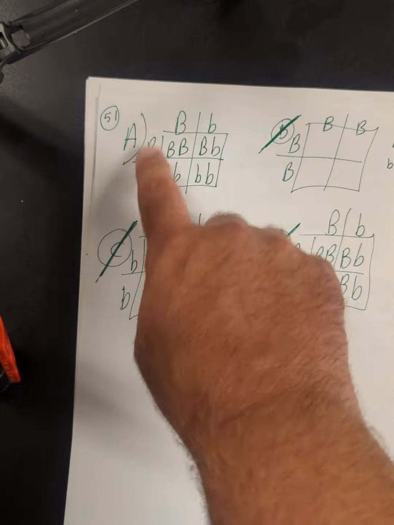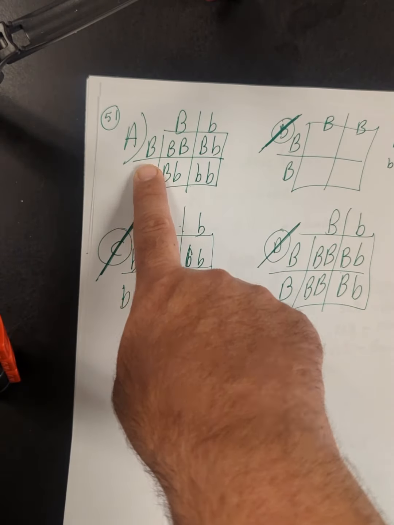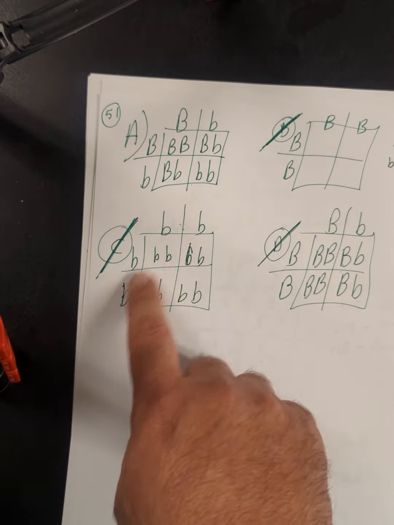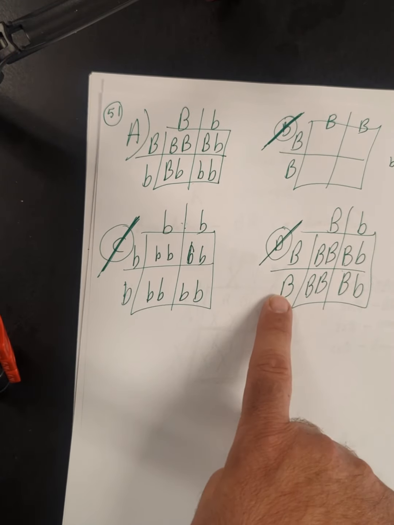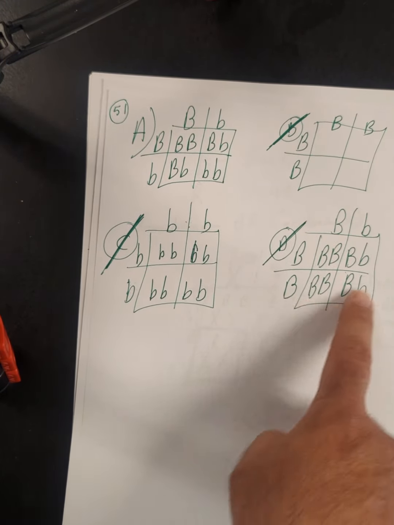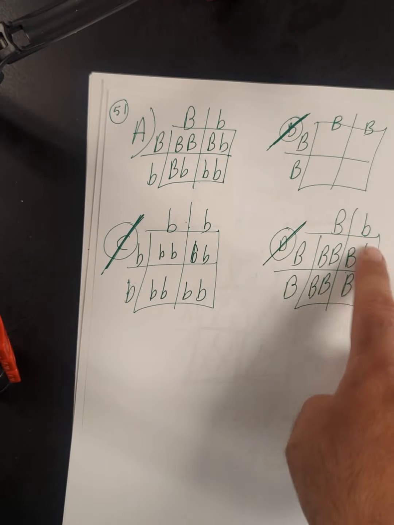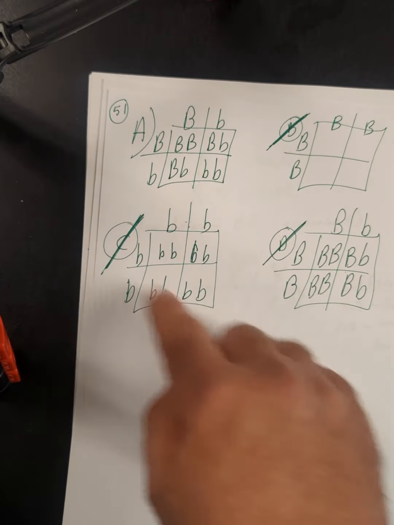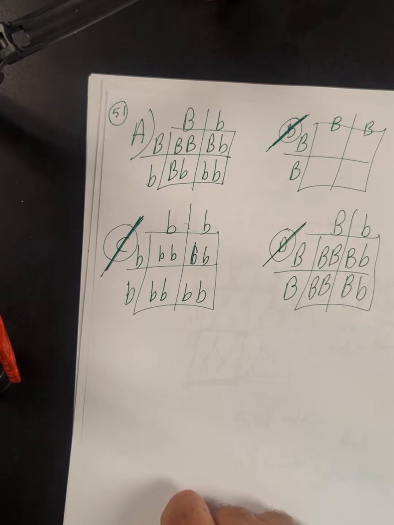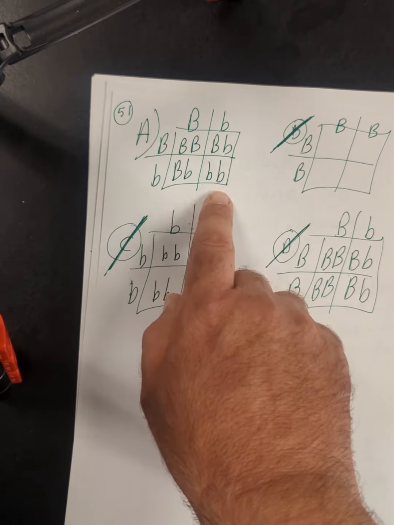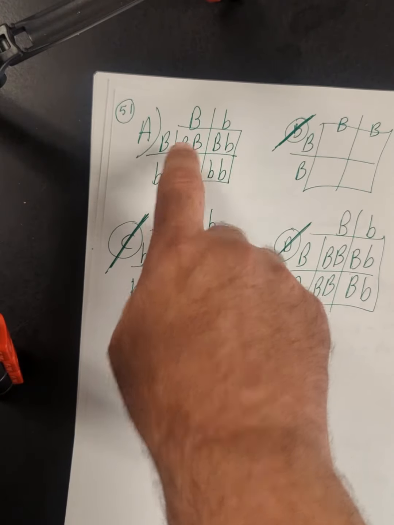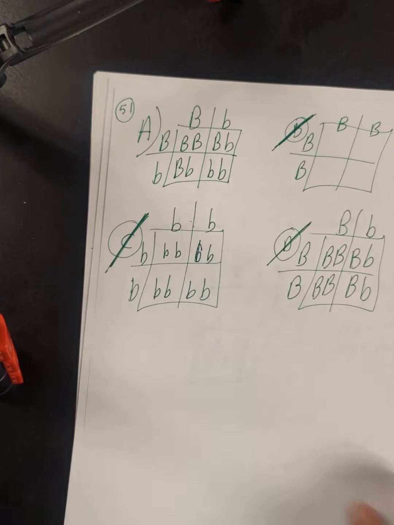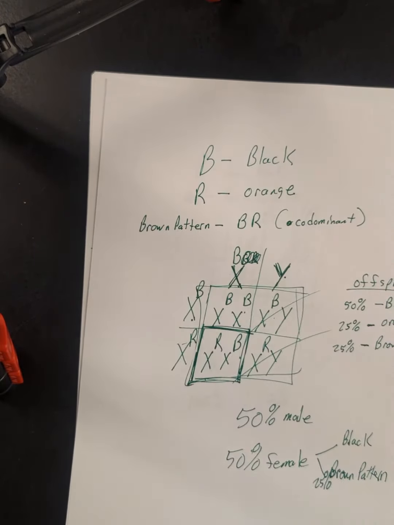But the question told us that the parents were heterozygous. So these parents are not heterozygous, so that is out. This parent is heterozygous, this one is homozygous, and there is no chance that they can have a child that is homozygous recessive. The only way here, of these four choices, this is the only choice that would give you a homozygous recessive child. Possibly.